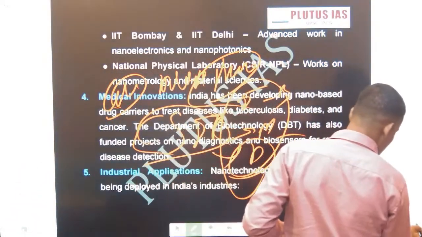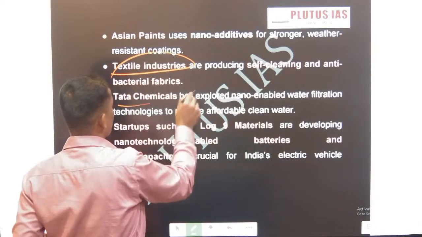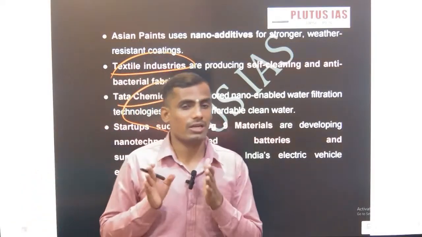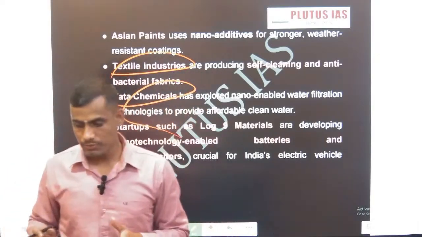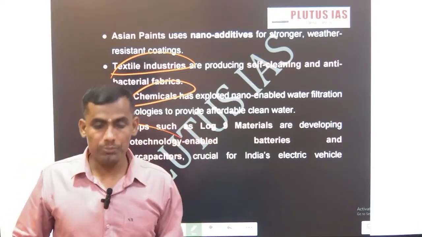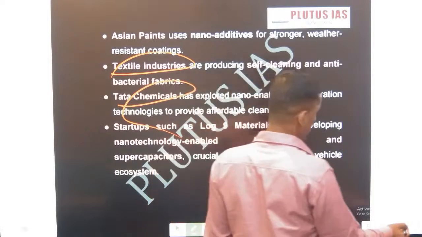Now, in the textile industry, as I mentioned with Asian Paints, nanofibers are the best application of nanotechnology, and this will help to build good, healthy, comfortable clothes. Okay, these are the applications.